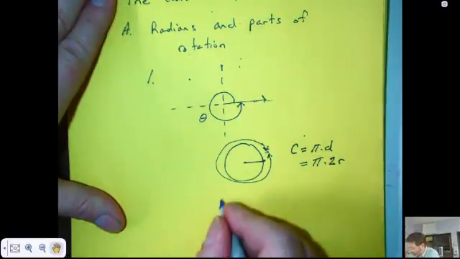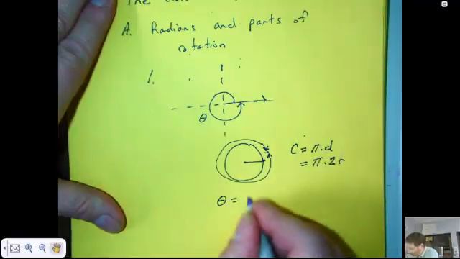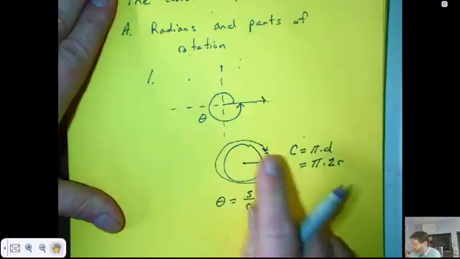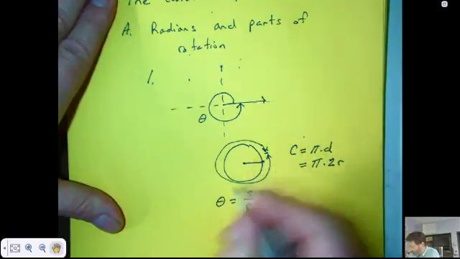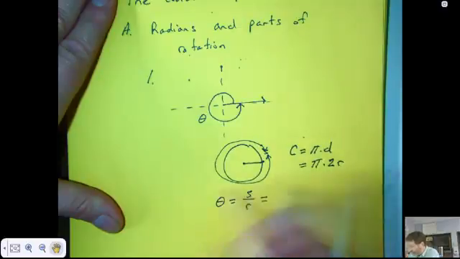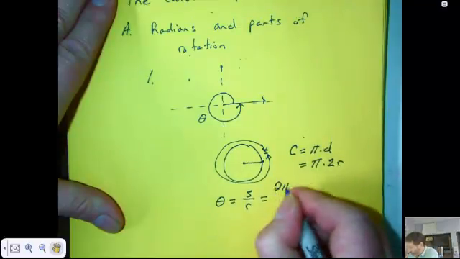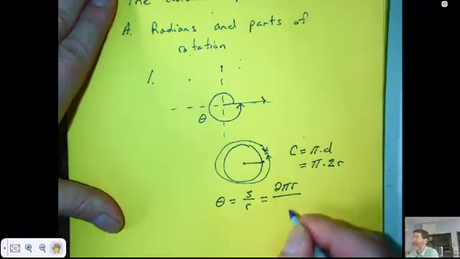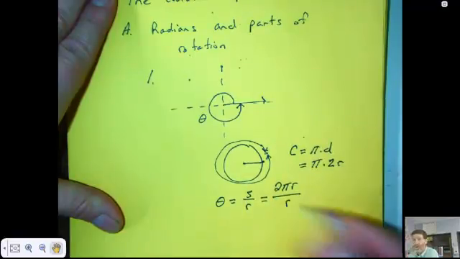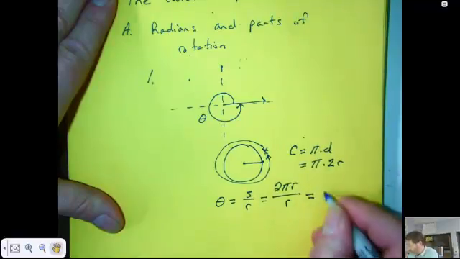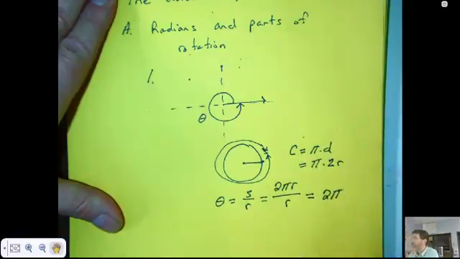So that means then that theta has to be S over R by definition. If I go all the way around, S is the circumference, 2 pi r. And that means I need to divide that by r. So that means that theta is what? 2 pi.